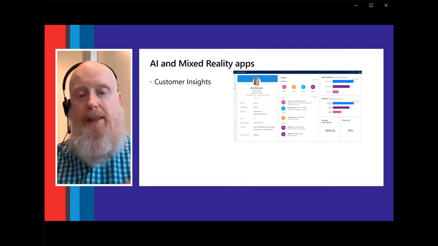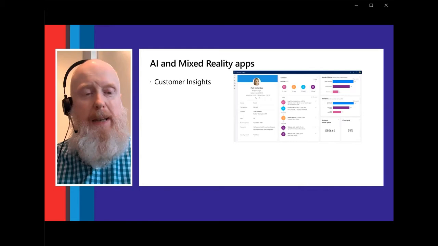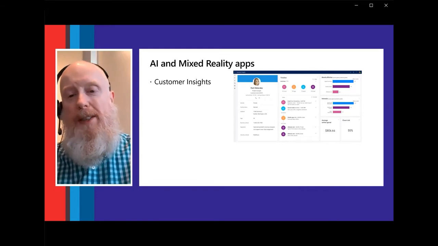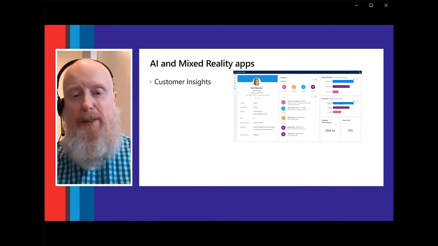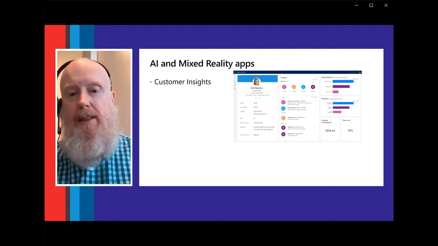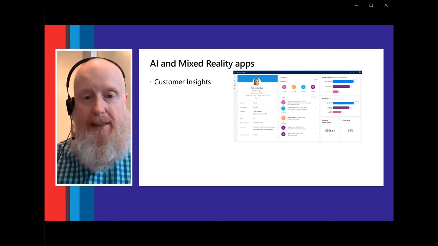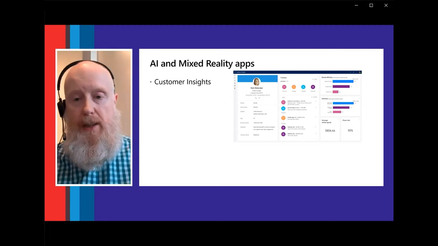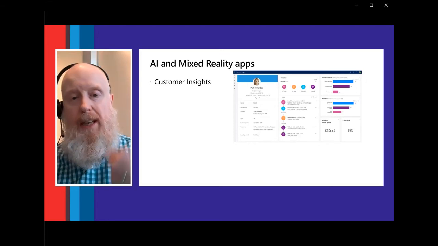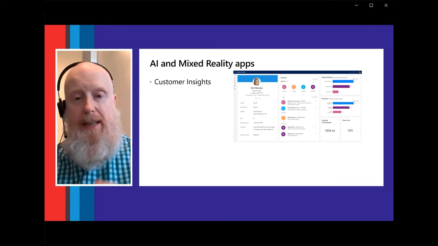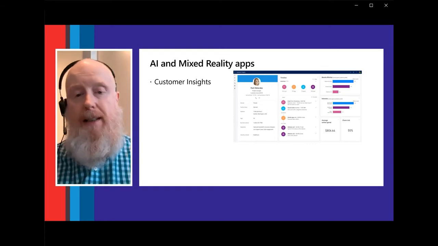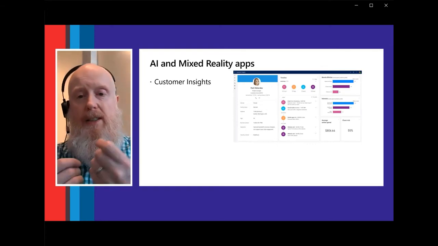Because if you're adopting Dynamics, you may adopt sales and finance, but you're going to have other systems. You may have your purchasing system. You may have your web system collecting customer information. What Customer Insights does is it allows you to bring all that data together to create a single view of the customer that you can then use in your other apps. You can use the Customer Insights data in sales, in finance, in marketing to really target customers.